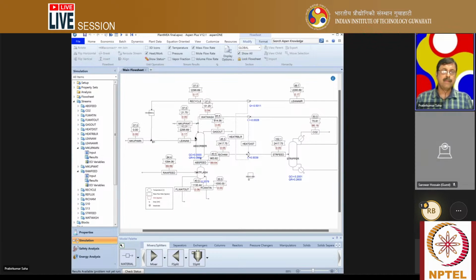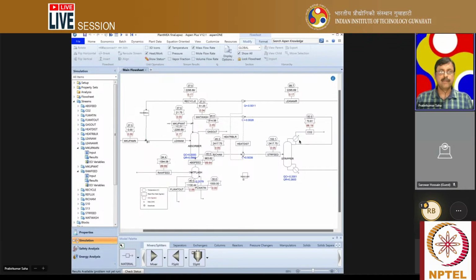So lean amine is poured from the top, and raw feed containing CO2 is sent from the bottom, and they are getting absorbed. I mean, CO2 is getting absorbed in amine, and that absorbed CO2 is rich amine. That means amine along with the absorbed CO2 is stripped in the stripper.